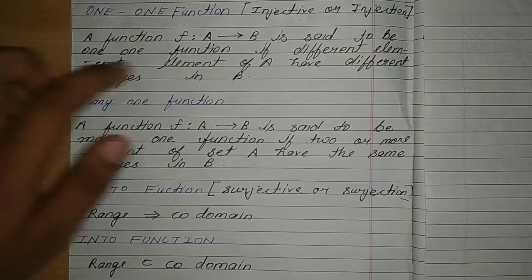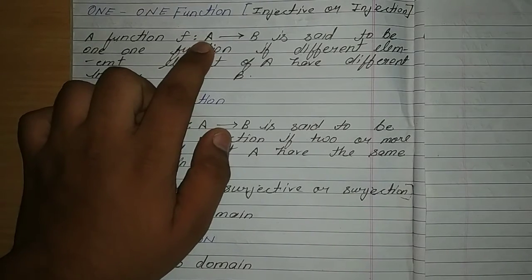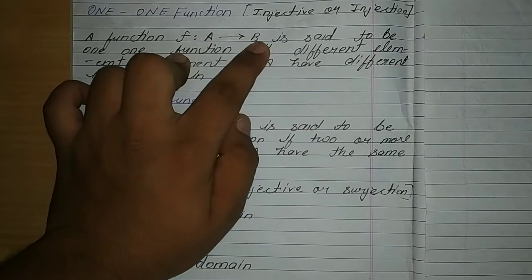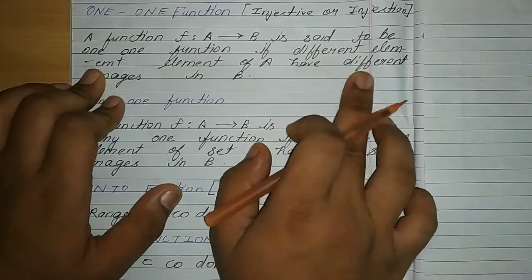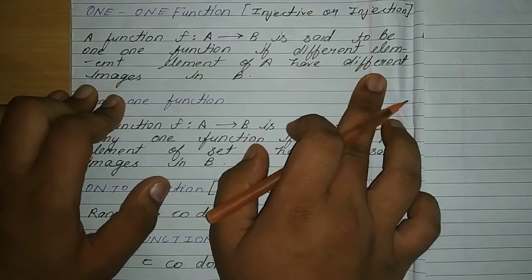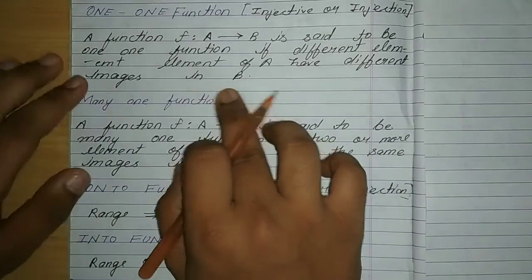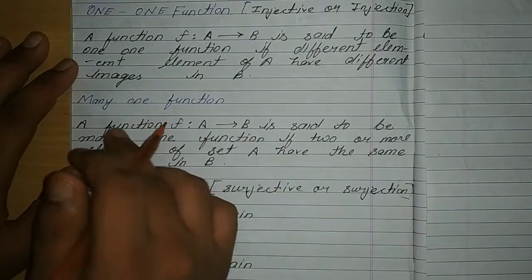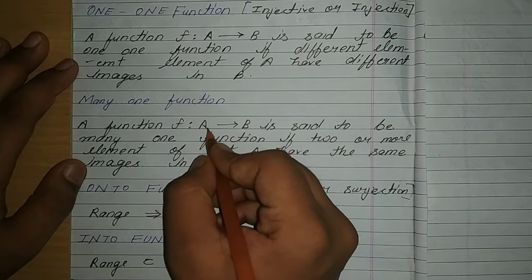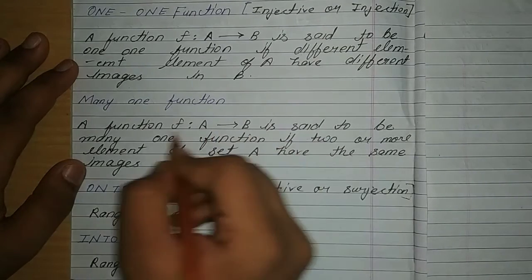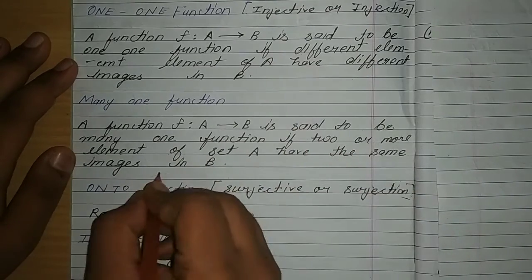A function f defined from set A to set B is said to be a one-one function if different elements of A have different images. Is it clear? Different elements of set A have different images in B. Now we are going to do many-one function. A function f defined from A to B is said to be a many-one function if two or more elements of set A have the same image in B.